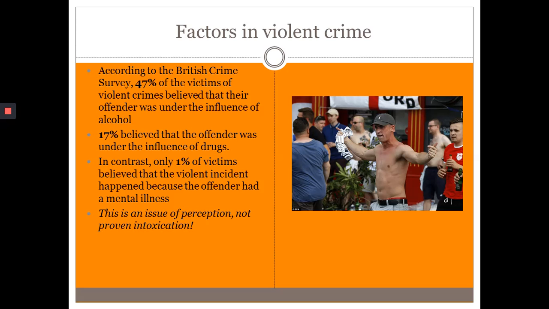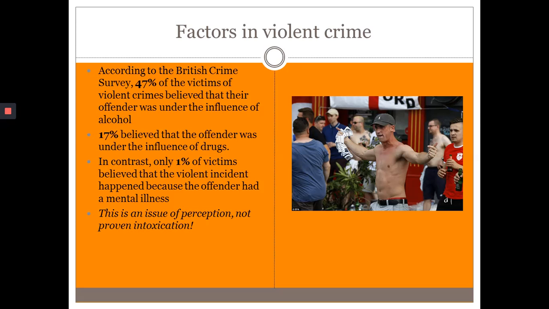Now, it has to be borne in mind that this is an issue of perception. That is to say, that's what the victim thought. And of course, the victim could have been wrong. It may well be the case that those 47% who thought the attacker was drunk did so because they could smell the alcohol on the attacker's breath.